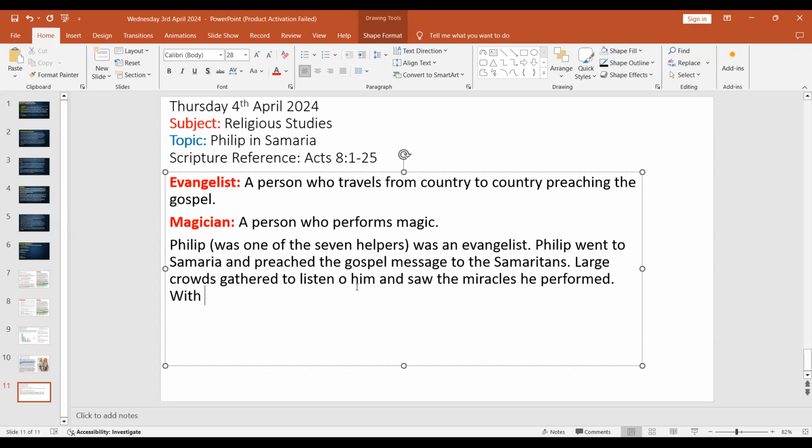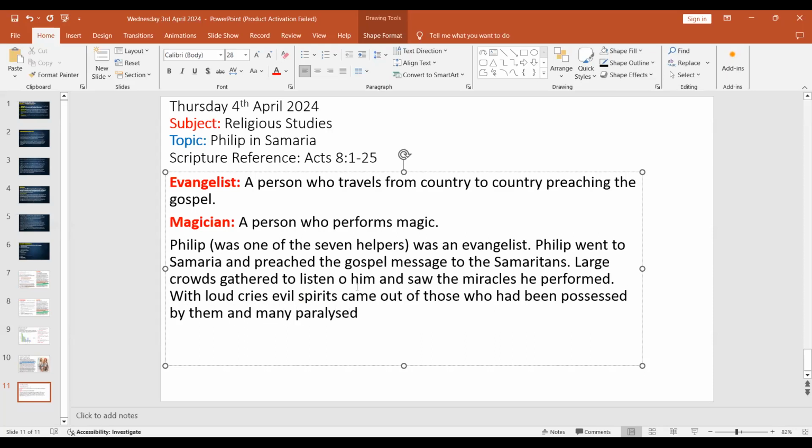With loud cries, evil spirits came out of those who had been possessed, right? Been possessed by them. And many paralyzed and lame people were cured.